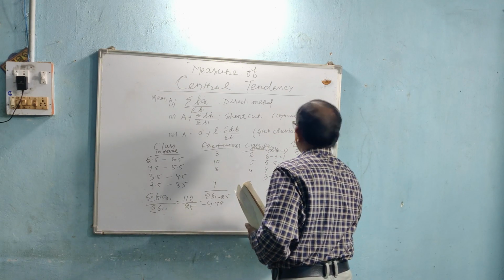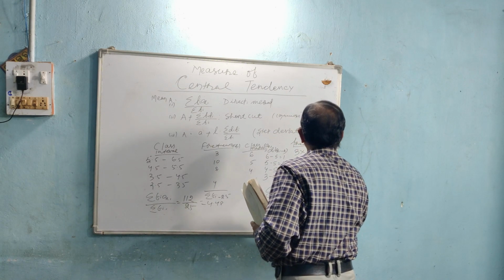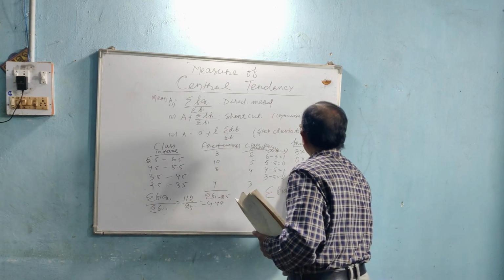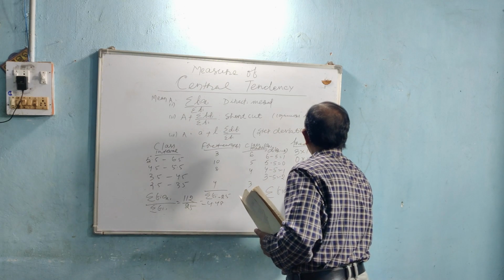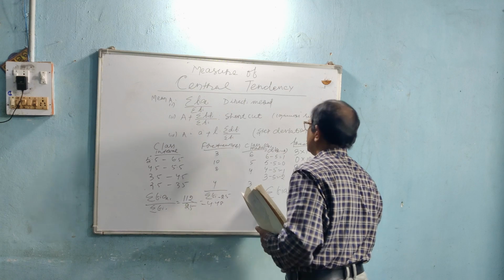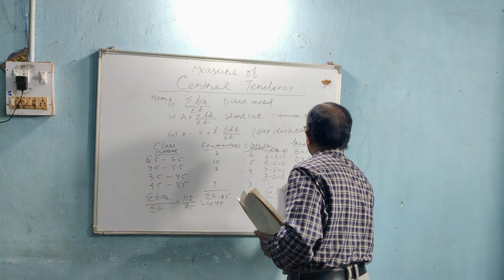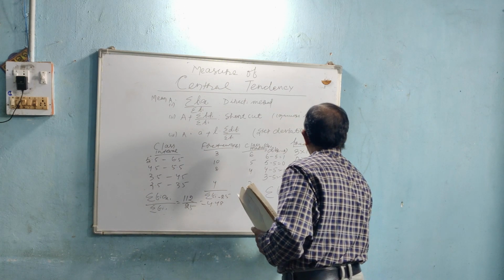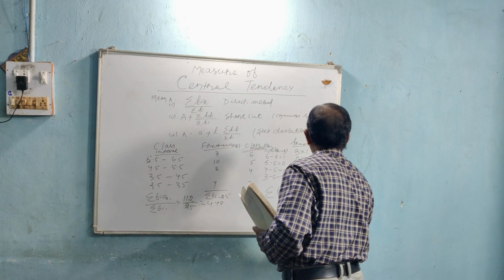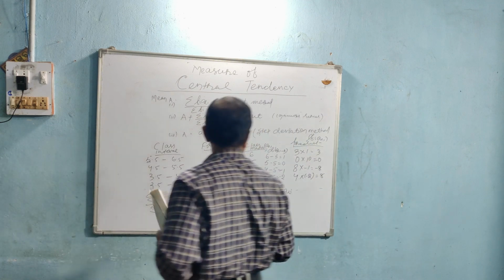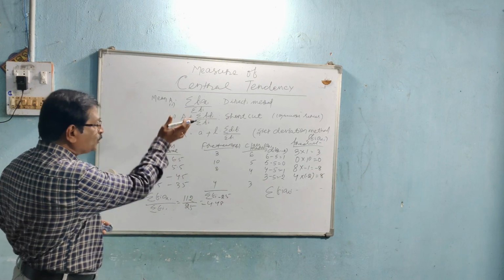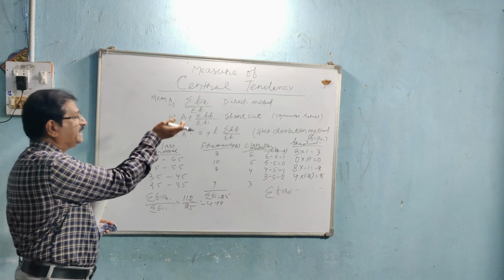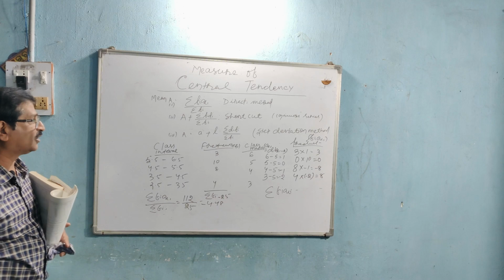Thereafter 0 into 10 you are getting 0. Thereafter your 8 into -1 you are getting -8, and your 4 into -2 you are getting -8. So just imagine in what way the direct method is different from the shortcut method.